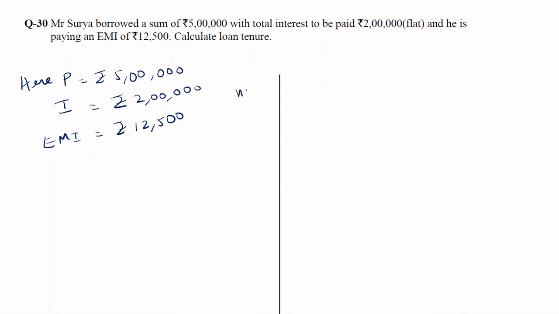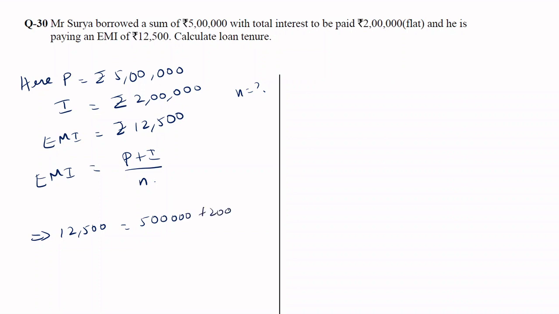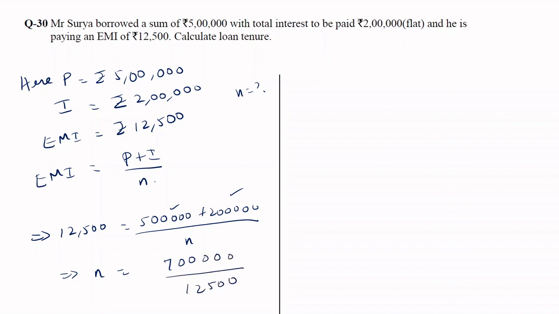We have to find N. Now we know that the formula for EMI under flat rate system is P plus I upon N. So this, when we substitute all these values, we will get the value of N. So this implies 12,500 equal to 5 lakhs plus 2 lakhs upon N. Or N is equal to, here 5 lakhs plus 2 lakhs is 7 lakhs upon 12,500. So this, let us simplify.